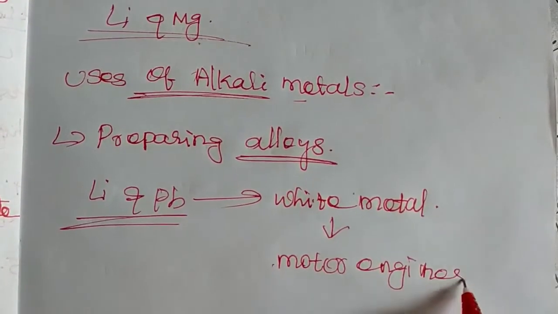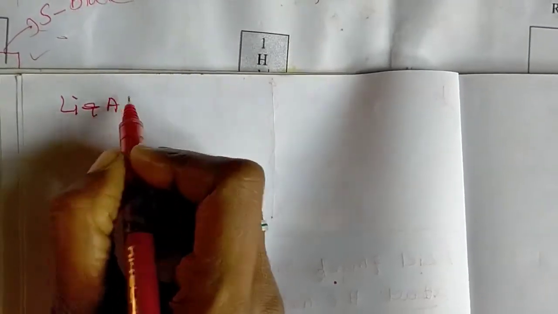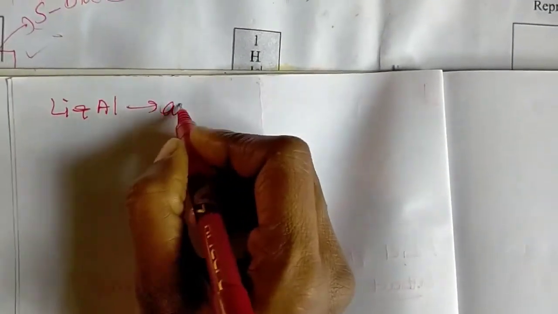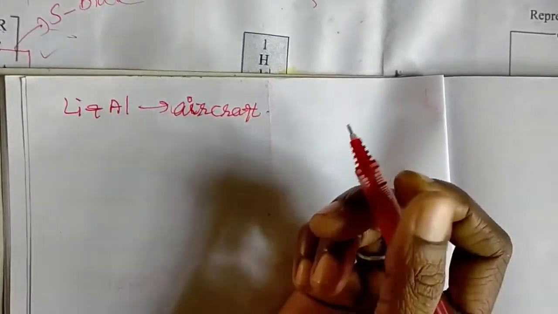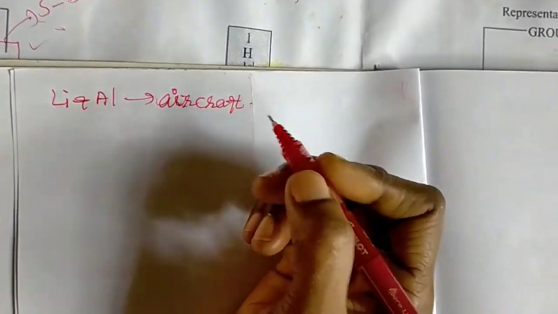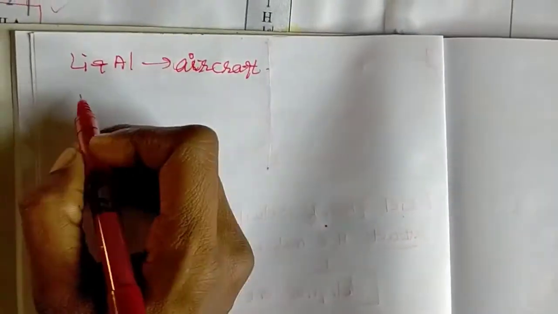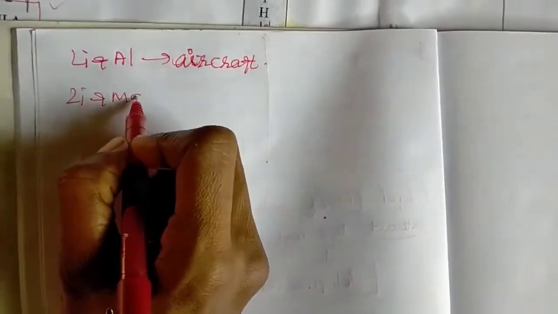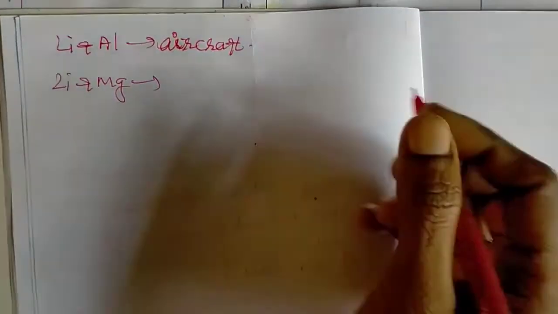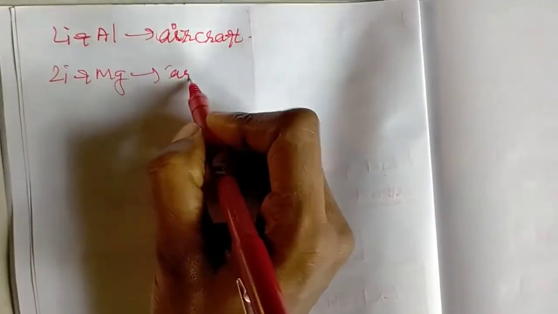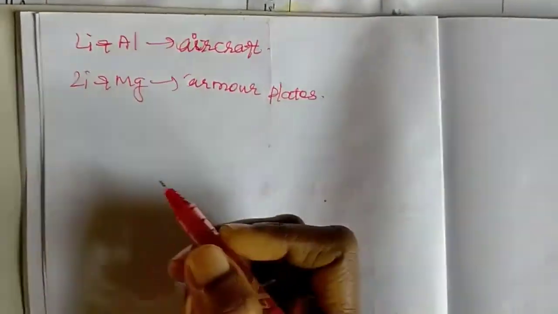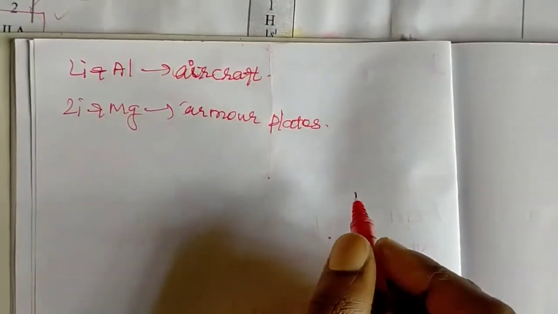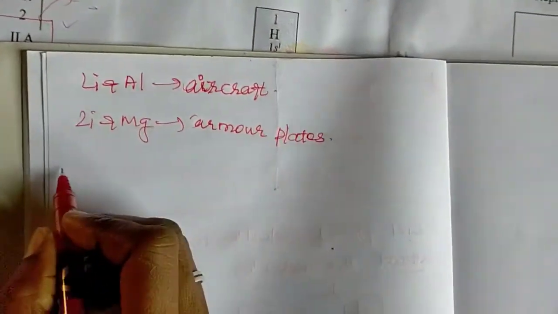The combination of lithium with aluminium is used for aircraft parts. The combination of lithium with magnesium is used to produce armor plates, which are used in the thermonuclear reaction.